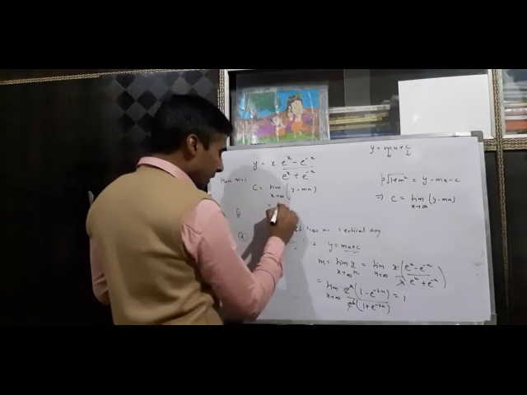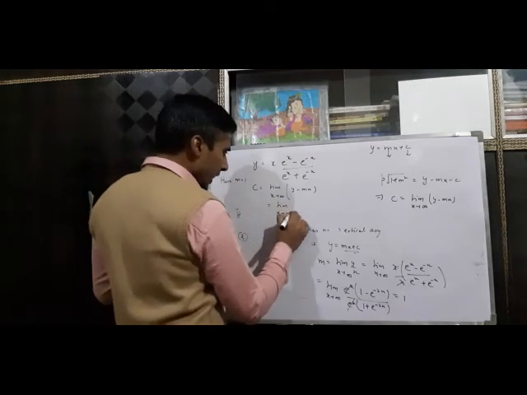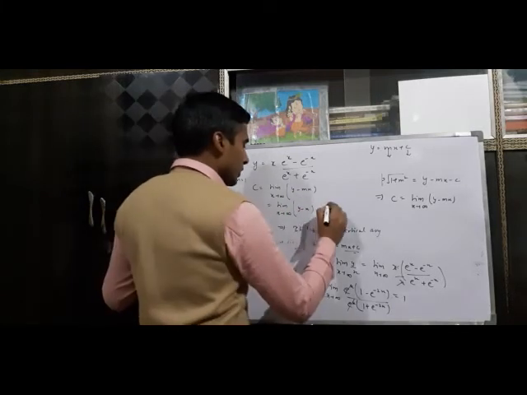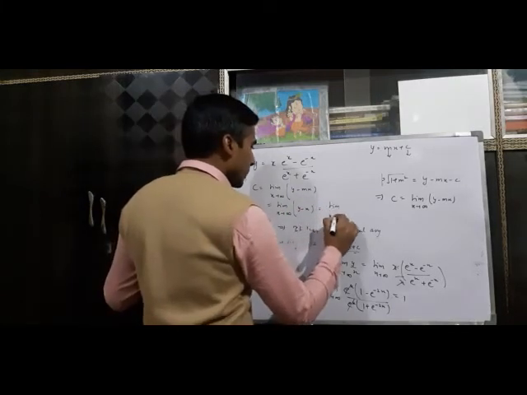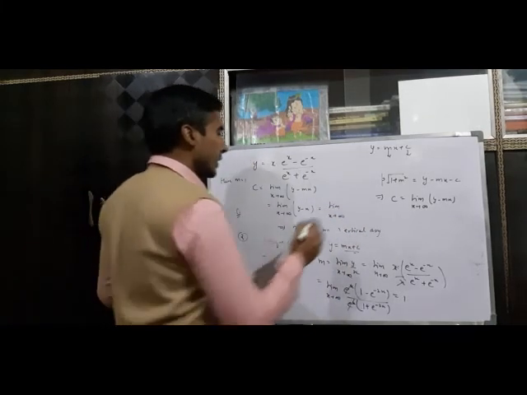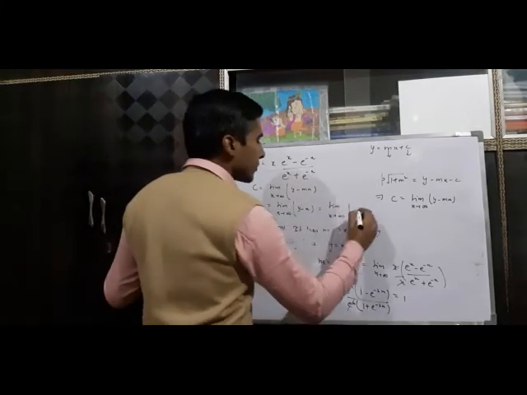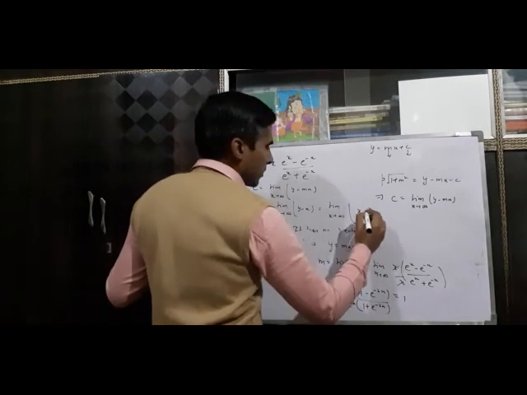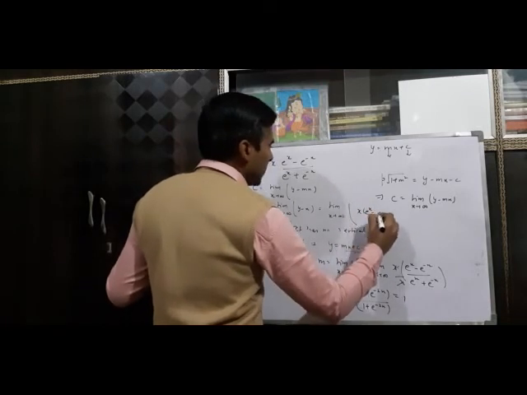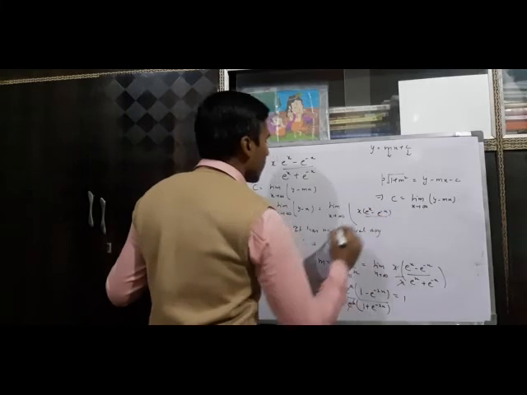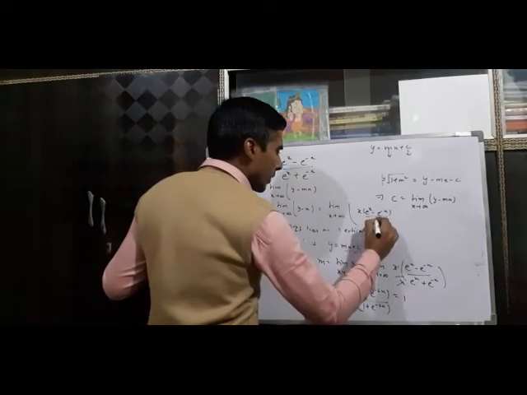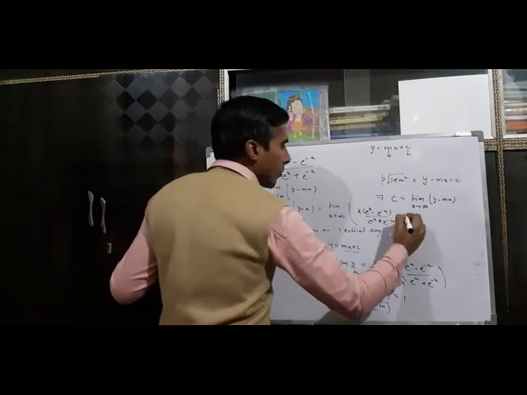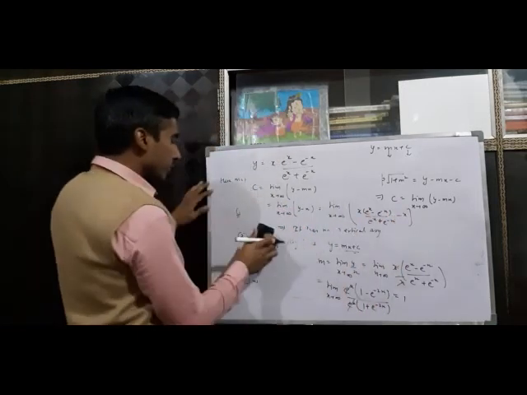So it can be written as limit x tending to infinity, y minus x, which is equal to limit x tending to infinity, y is x times (e^x minus e^(-x)) upon (e^x plus e^(-x)), minus x. Now we simplify this expression.